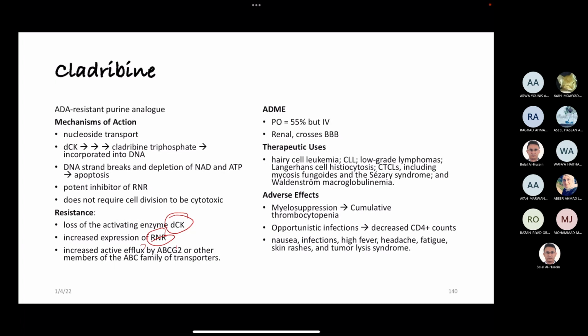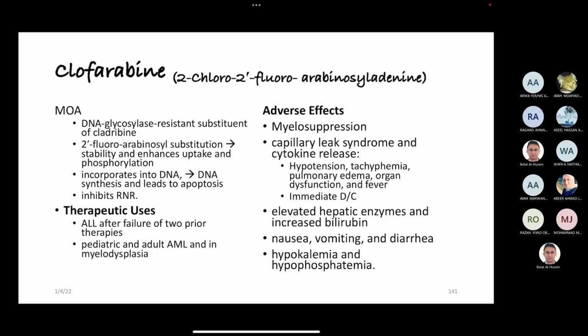It is used for low-grade lymphomas or indolent lymphomas, some other forms of cancers. CTCLs are cutaneous T-cell lymphomas. Adverse effects include myelosuppression, opportunistic infections, as we mentioned, and other ones like tumor lysis syndrome.